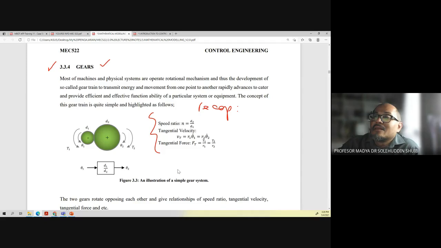Then we have also here tangential force, which is the ratio of d1 divided by r1. R is d1 over 2. So t2, we have here t2, and then the radius, which is d2 over 2. Okay. So we have theta 1, and then d1 divided by d2. This is speed ratio. You're going to get theta.